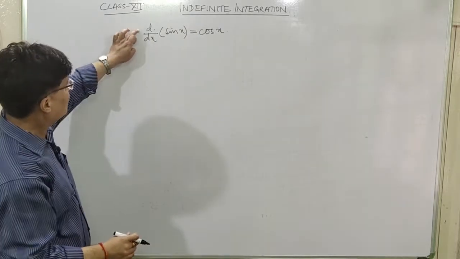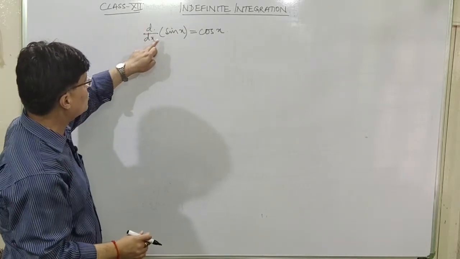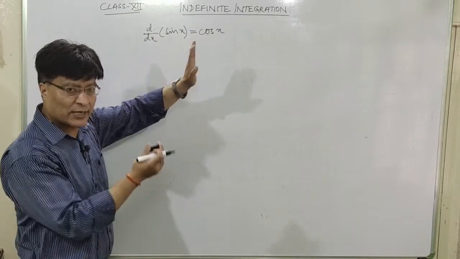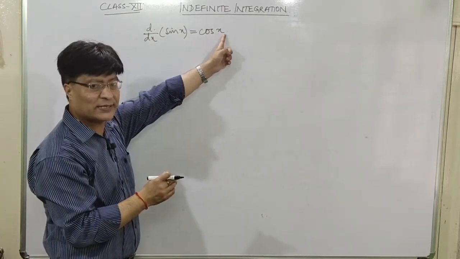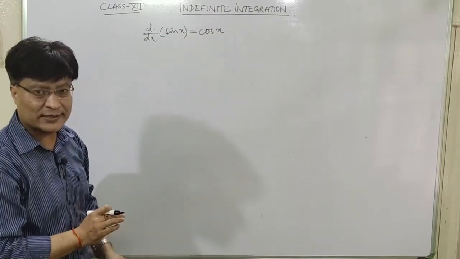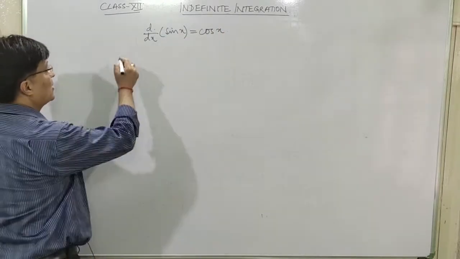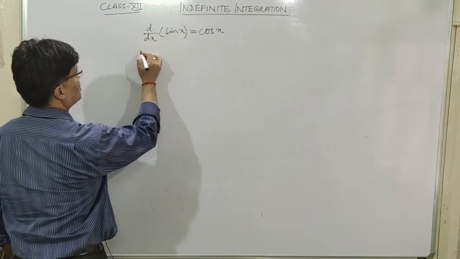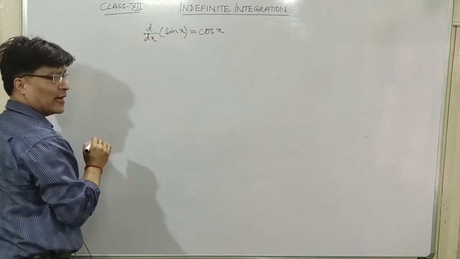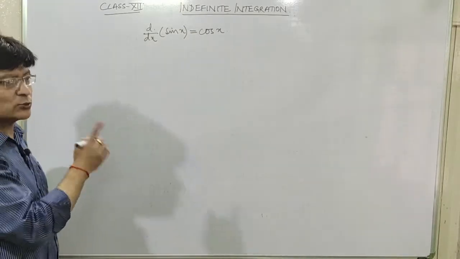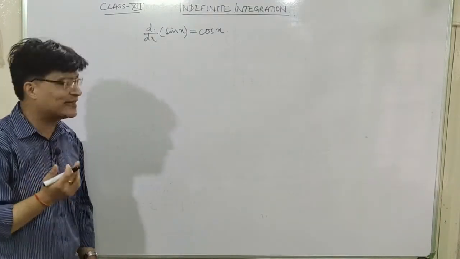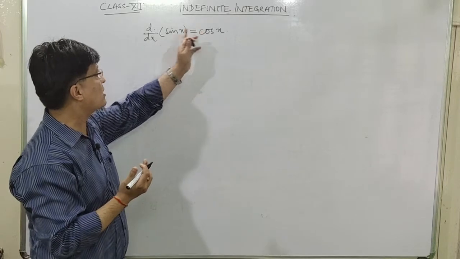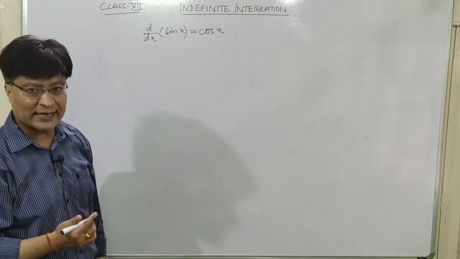Okay? d by dx, that is differentiation of sin x with respect to x is cos x. How do we say this in the reverse way? What is the integration of cos x with respect to x, that is sin x. So this is read as differentiation of sin x with respect to x is cos x. So in the reverse way you can say that integration of cos x with respect to x is sin x.